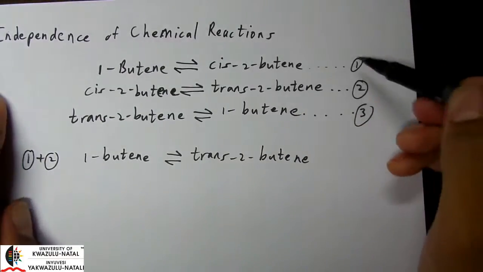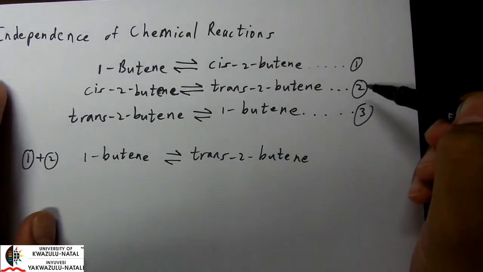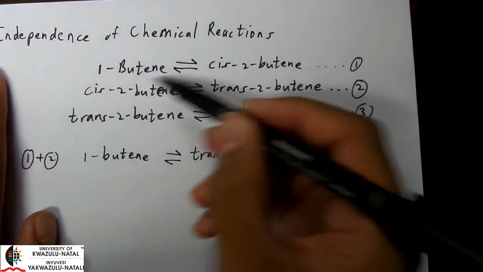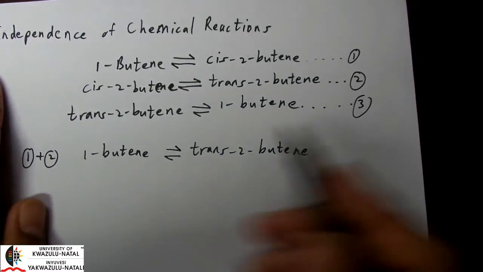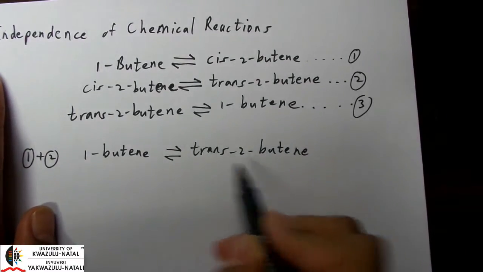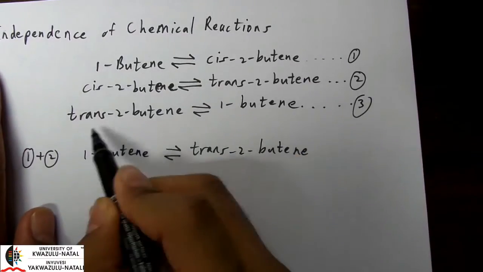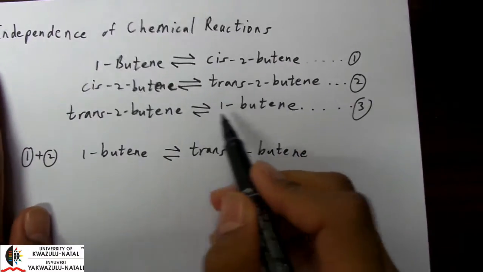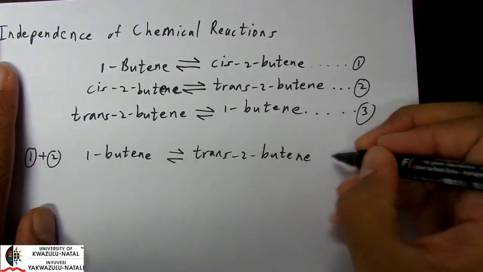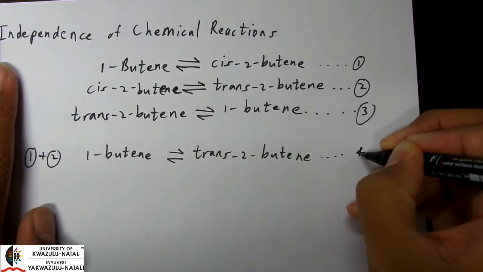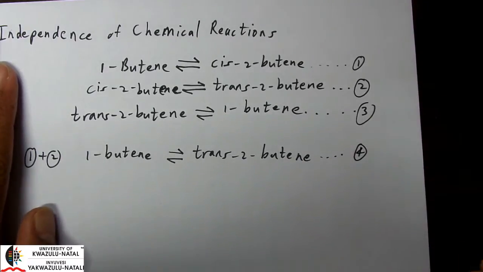Okay, so that's simply adding reaction 1 and 2. Of course, the cis-2-butene will cancel out. But now, as you can see, this reaction here looks exactly the same as reaction 3, especially since it's reversible. So this reaction here, we can call it reaction 4. It's the same as reaction 3.